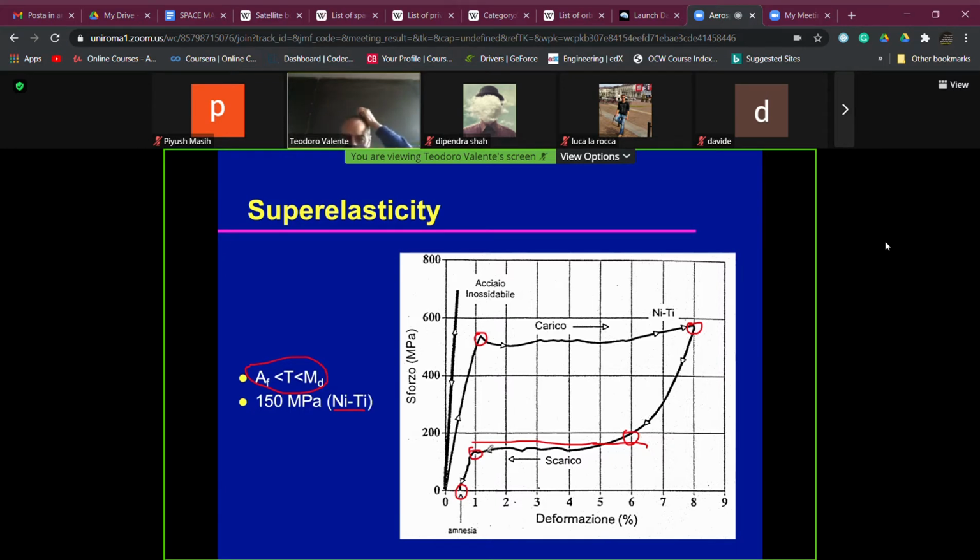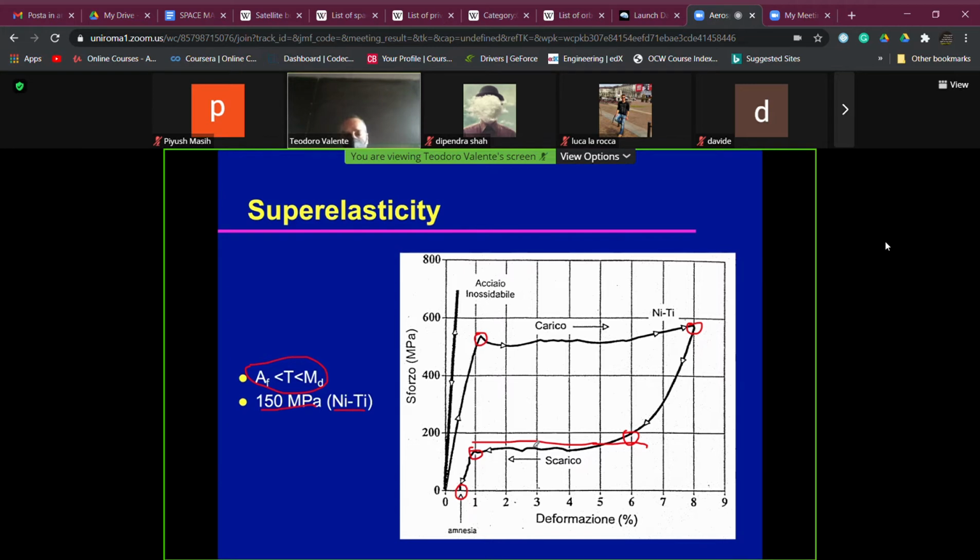And if we also have a look at the numbers, we can say that as a lower limit, this constant stress, which is given back by our material being transformed from the martensite phase to the austenite phase, is at minimum 150 megapascal, MPa.